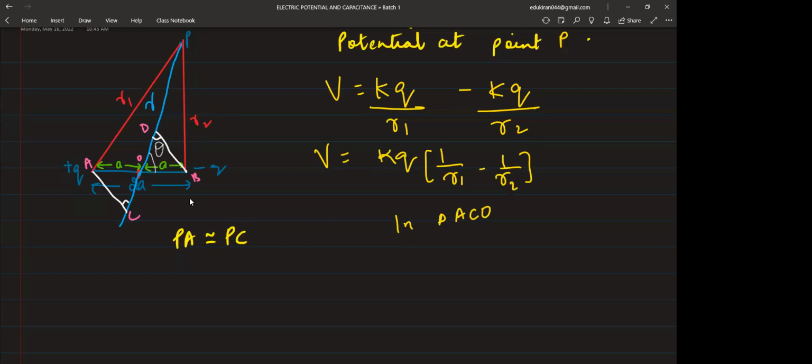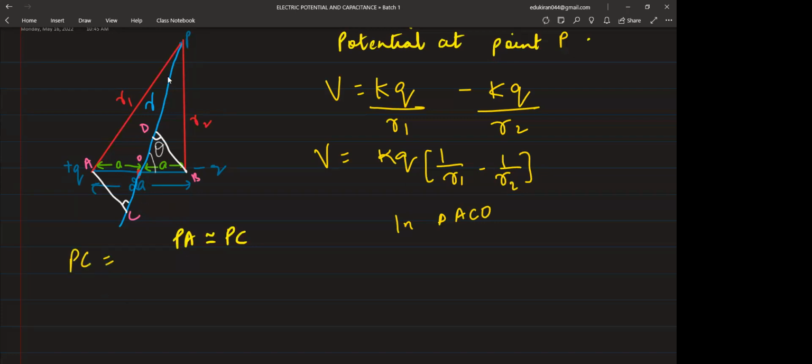Now, in this figure, we have dropped the perpendiculars. What was the need to do this? The reason is to make these lengths almost equal. These weren't equal, but now they can be. See, PA is almost equal to PC. And how can I write PC?